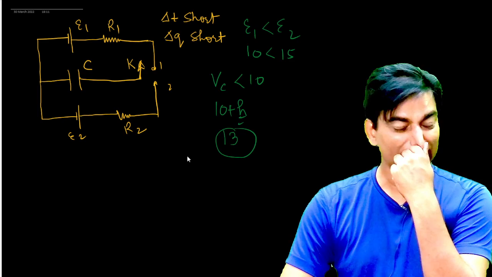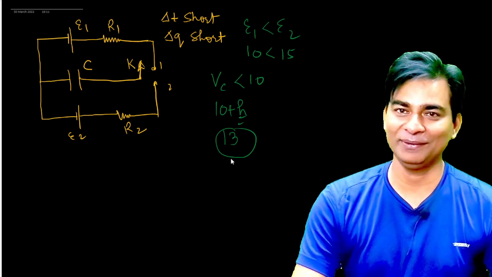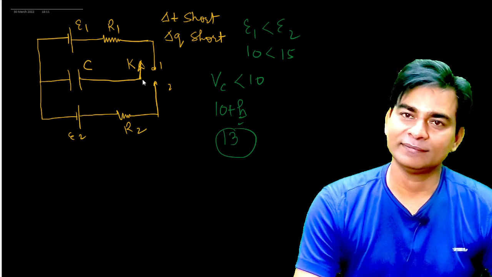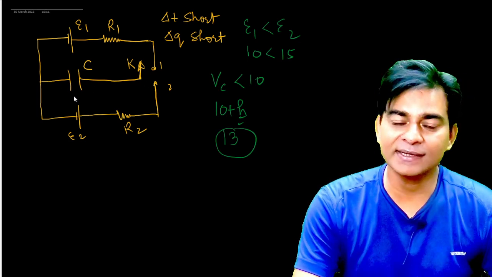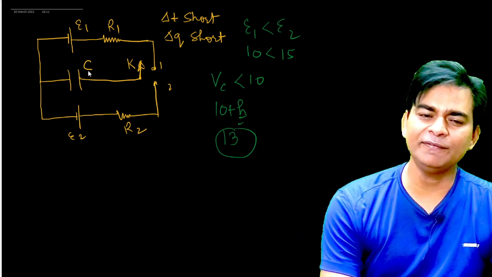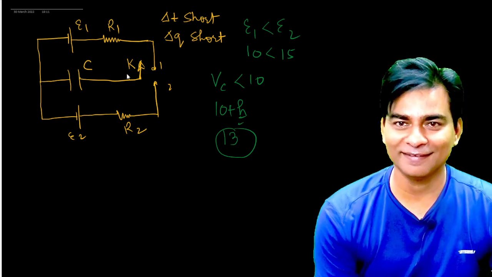Okay. Now the potential has reached a value of 13. For example, I connected at 1. It has a larger potential than this. It will lose a little amount of charge. Very little.